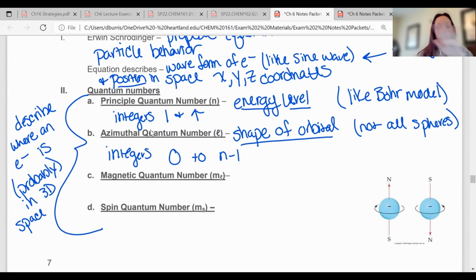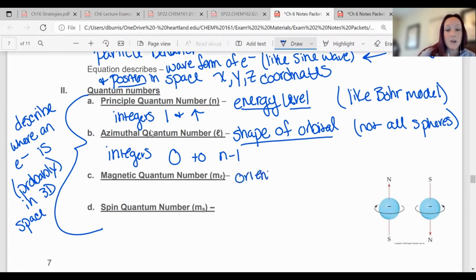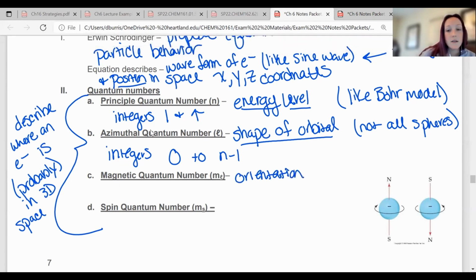I'm going to practice this, I promise. Just bear with me for a minute. So there's the principal quantum number, then there's the azimuthal quantum number to describe the shape of the orbital. Then there's the magnetic quantum number that describes the orientation of the orbital in space. So is it going to be up and down, or pointing at you, or side to side, like an XYZ type of thing?